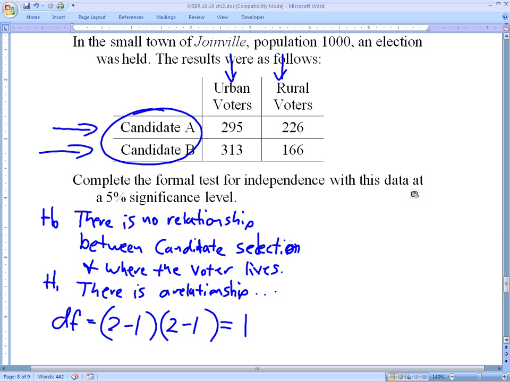Next, I state, I believe, give me one moment. Yes, I would state my significance level that I'm testing at. So we just say something like, I will test at, and in this case, it was a 5% significance level.